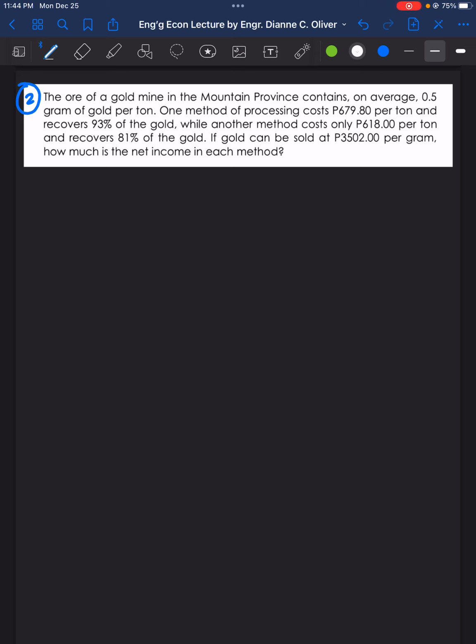One method of processing costs 679.80 pesos per ton and recovers 93% of the gold, while another method costs only 618 pesos per ton and recovers 81% of the gold. If gold can be sold at 3,502 pesos per gram, how much is the net income in each method?